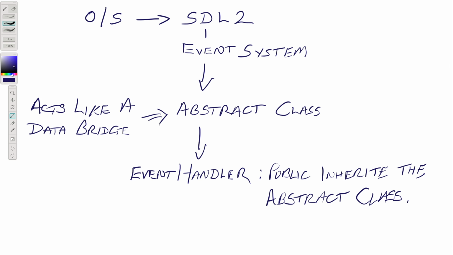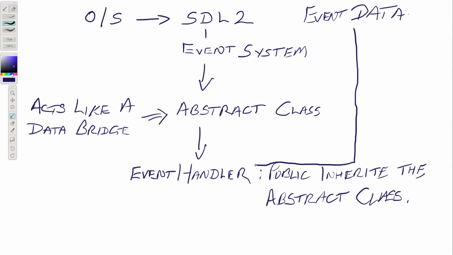So your abstract class is acting like a data bridge. The events are coming through it, or over it, or across it, or whatever you want to call it. The actual event data goes through here, through here, through here, and then across, following the inheritance, and finds its way into here.